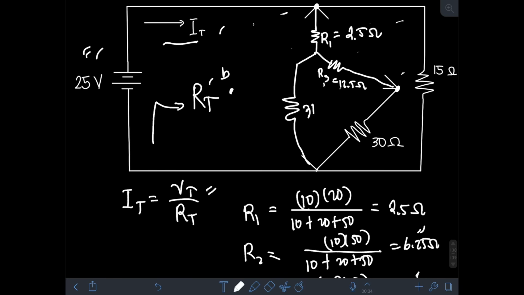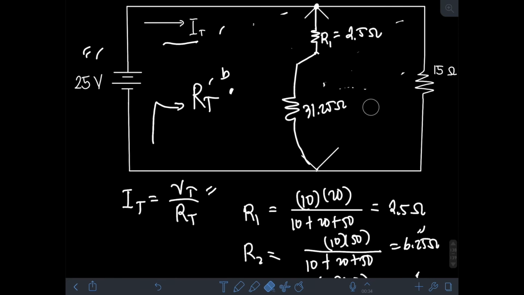So, I will delete and replace it by a single resistor equivalent to 31.25 ohms. Likewise, for R3 and 30 ohms, we can combine them by adding the resistance. So, 12.5 plus 30 is 42.5 ohms. So, replacing by a single resistor equivalent to 42.5 ohms.